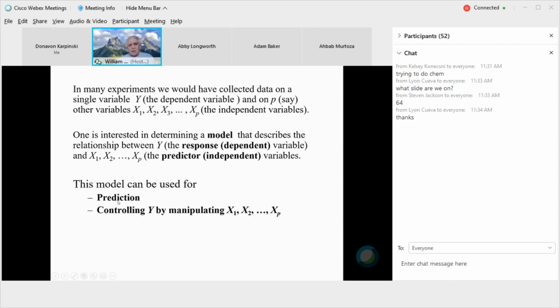We want a model that explains how y is related to x1 up to xp. You can use this for predicting, or you can use it for controlling. You know the relationship between y and x1, x2 up to xp. You can manipulate x1 and x2 up to xp, which will determine the value of y.